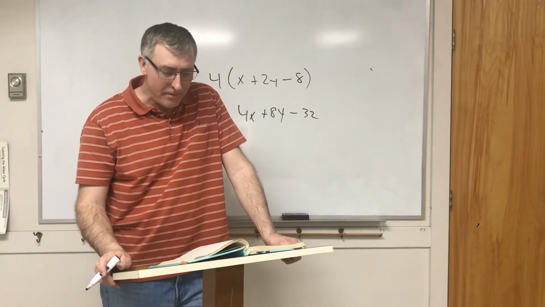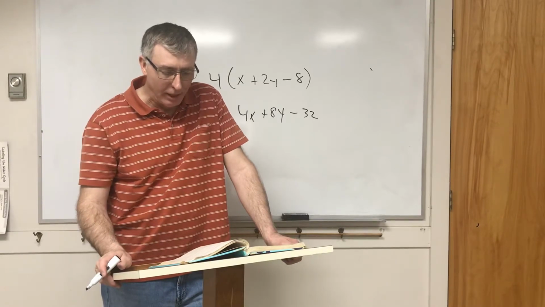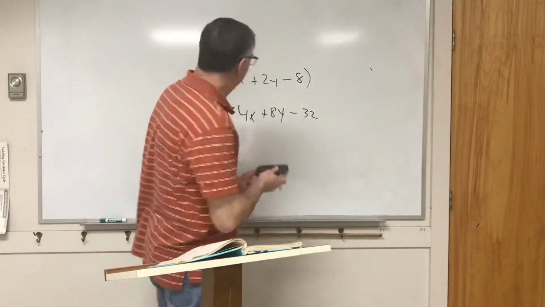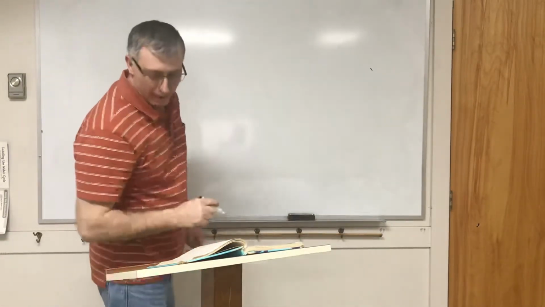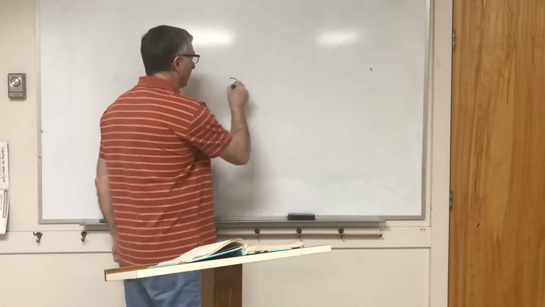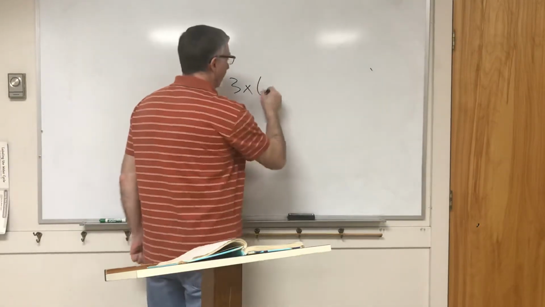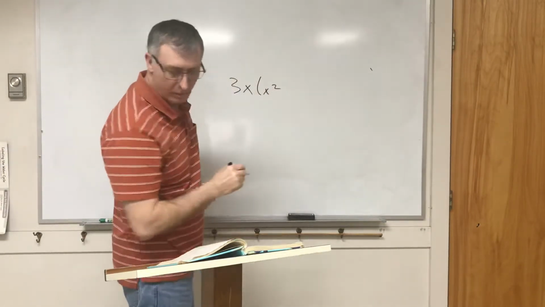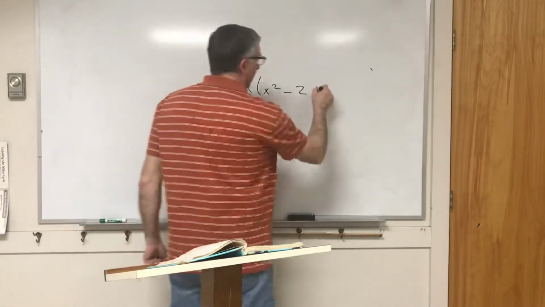Now, for 92A2, let me just write that one down. They take a jump here that they don't do the best job of explaining. 3x times x squared minus 2 plus 2x.